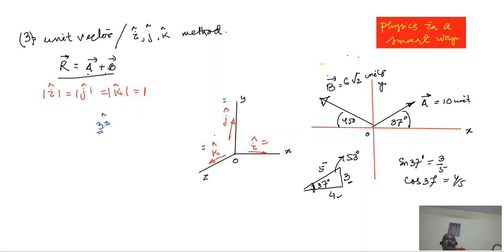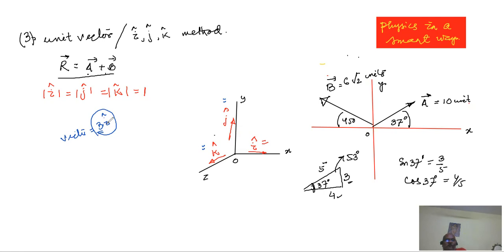Your vector was having a magnitude 3, but the number 3 gives the magnitude only. So when you multiply with I cap, we know unit vector is having magnitude 1. So the vector value won't be changing, but that will be converting the whole thing into a vector of magnitude 3 and direction along positive x-axis.